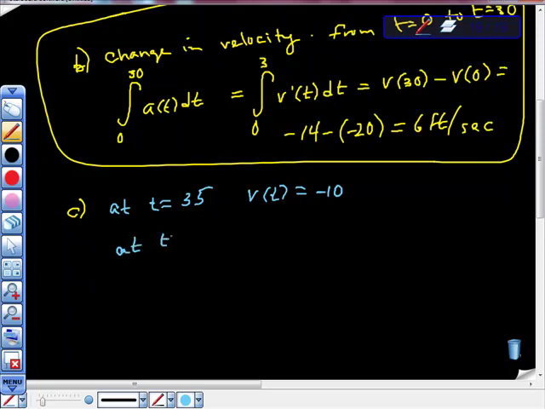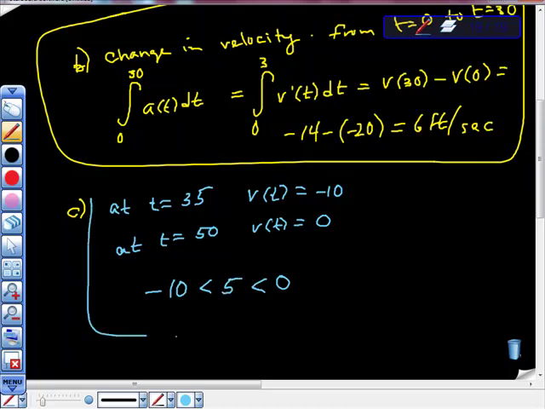At t equals 50, v of t equals 0. So we can say that it has to go from negative 10 to 0. And all I'm saying is that these things are in between each other, aren't they? Right? So here's my proof.